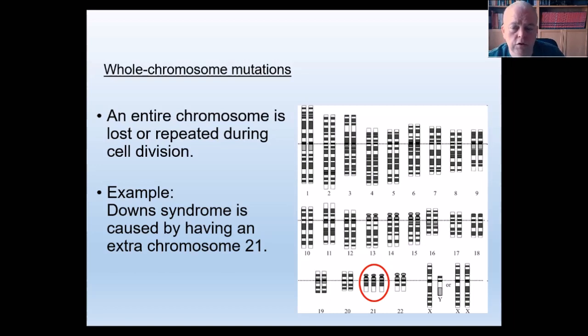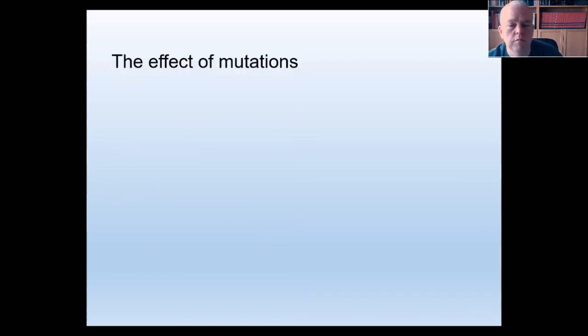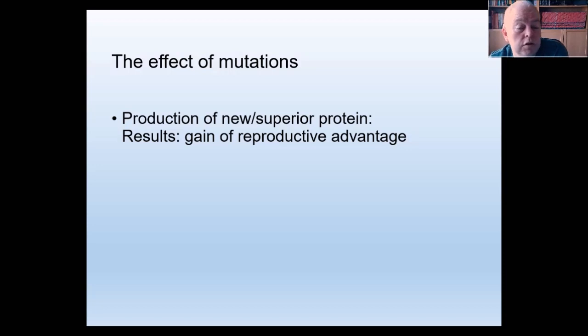So we've looked at the effect of many of these mutations. Let's try and summarize some of those key ideas. Effects can be as simple as it could produce a better protein. It may be that the amino acid sequence means that particular enzyme that has been produced is more effective or works better at different temperatures or a different pH. So that could be an advantage for the particular organism with that mutation.